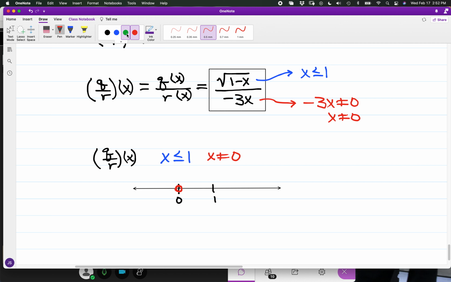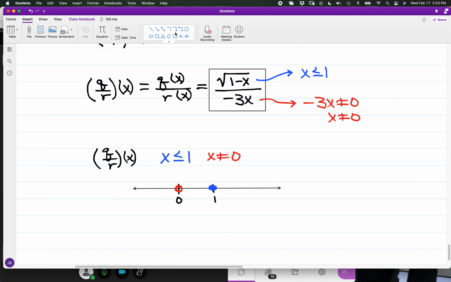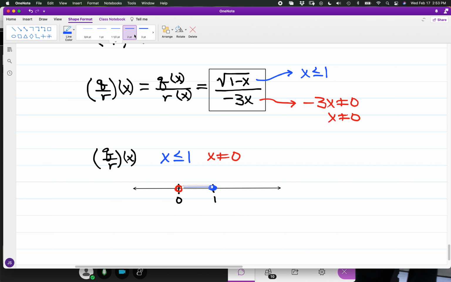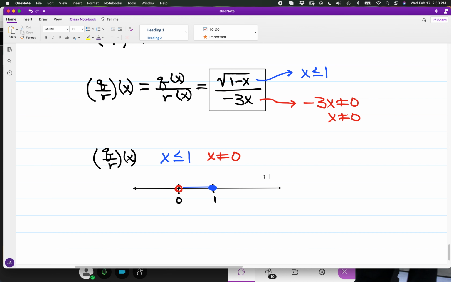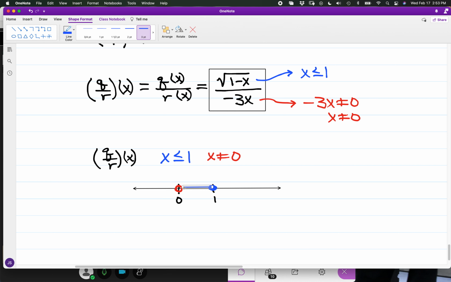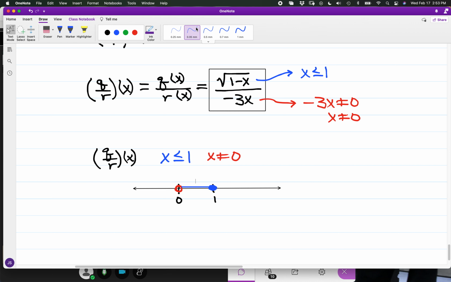Now for x is less than or equal to 1, I have the equal to part here, so I'm going to have a solid point on 1. And if I go with less than, I would otherwise be going continuously to the left, but again, x cannot be 0. But once I get past the exclusion of 0, I can then proceed continuously to the left.